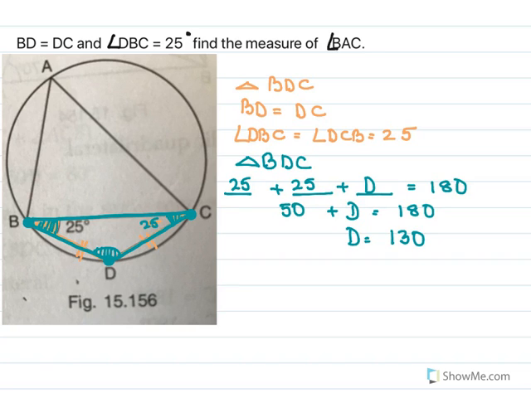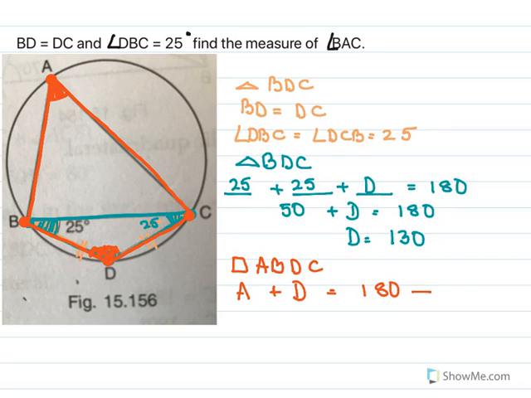Next we are going to take a cyclic quadrilateral. You see A, B, C, D is cyclic. So let's join that up. A, B, D, C. So this is cyclic. And in cyclic the opposite angles are 180. So we have in quadrilateral A, B, D, C, opposite angles, that is A plus D equal to 180.